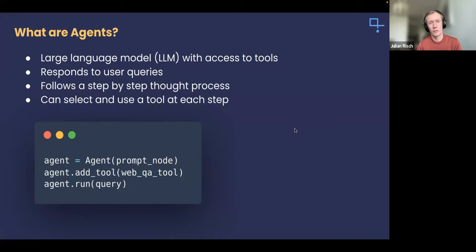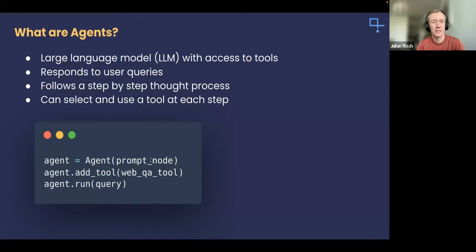And at each step of this thought process, they can select a tool. They can also choose what input they want to use with the tool. And then they can invoke this tool and again process its returned output. And in Haystack, that's quite simple to set up. So it's really as simple as what you see here. We can initialize an agent by giving it a prompt node.